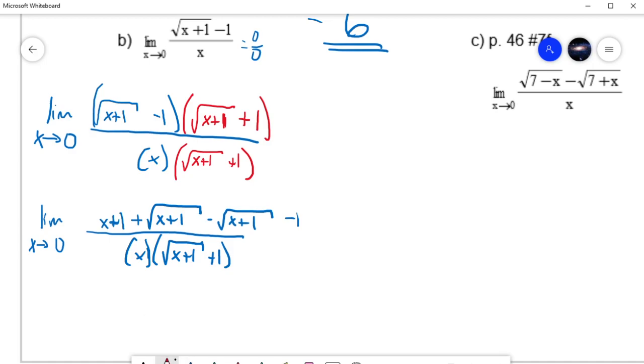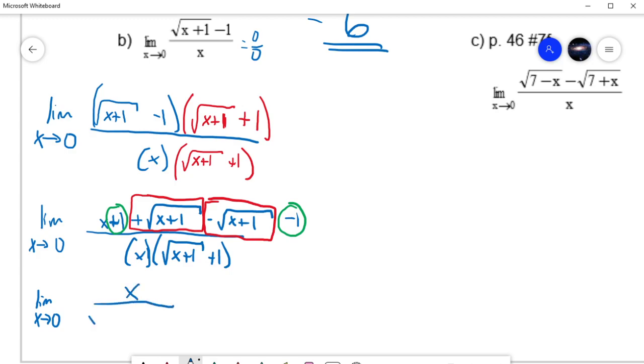Now what happens on the top? A positive root x plus 1 and a negative root x plus 1 cancel to become 0. A positive 1 and a negative 1 cancel to become 0. And what you're left with here, once you've added all those like terms or opposite terms, is this.